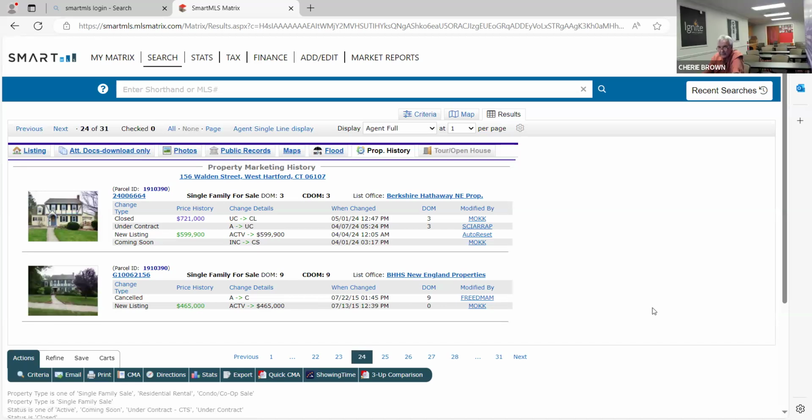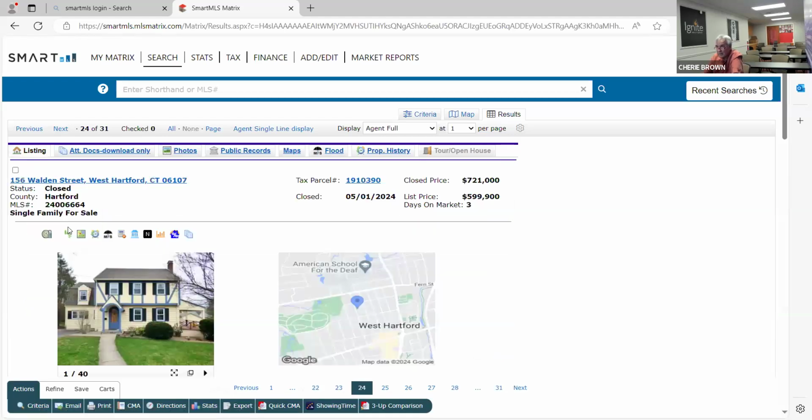It was canceled, so it never did sell. But it was only on the market for about a week, so they just changed their mind. But this time it went under contract very, very quickly and closed quickly and well above the listing price.